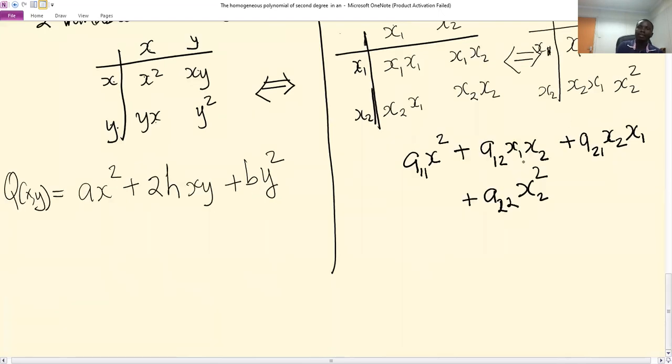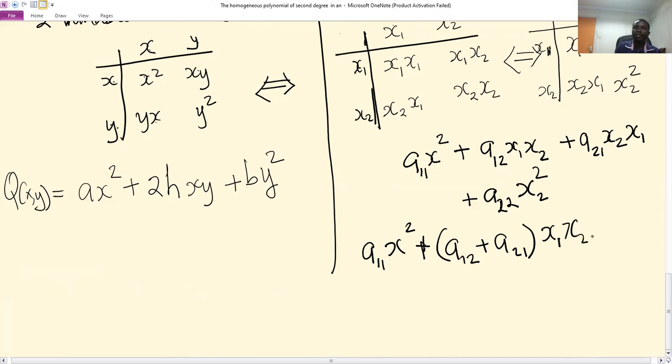This is the same as A11 x1 squared plus, in brackets, A12 plus A21, times x1x2, plus A22 x2 squared.